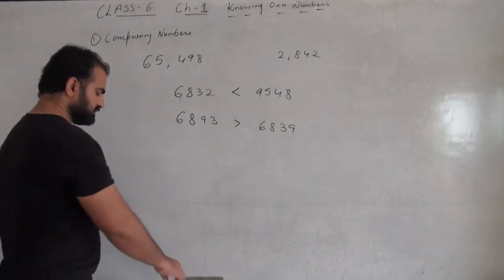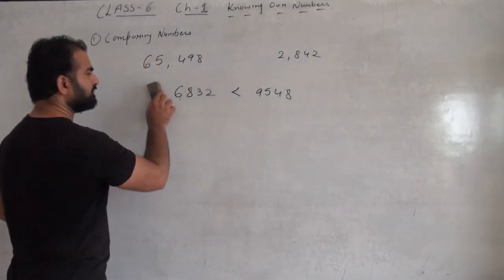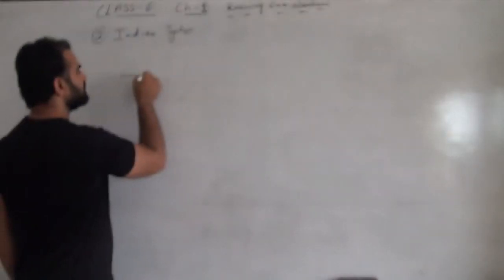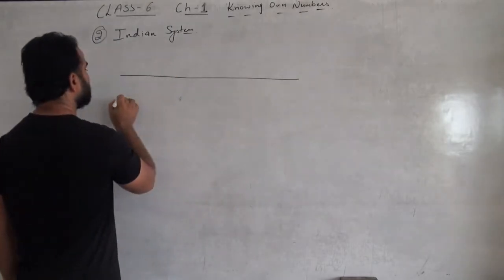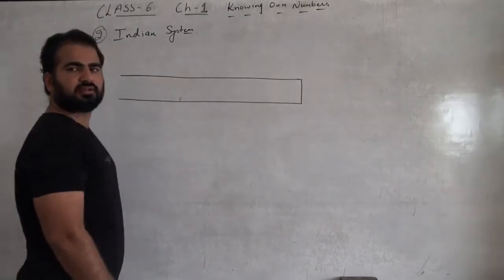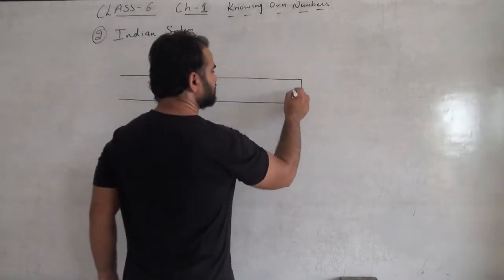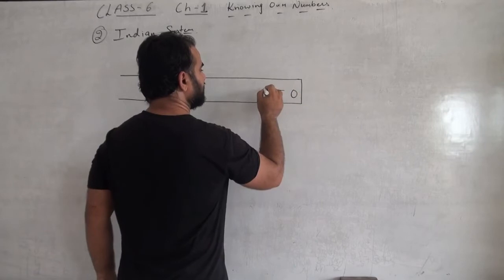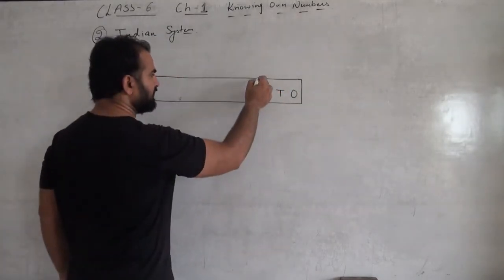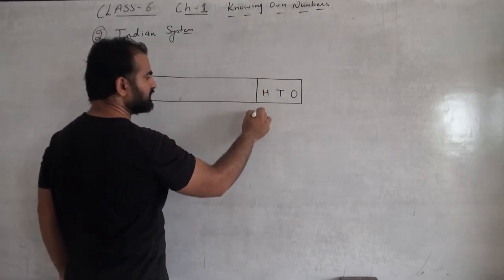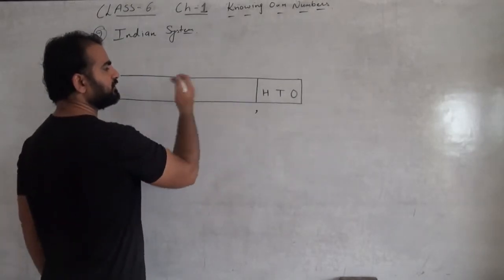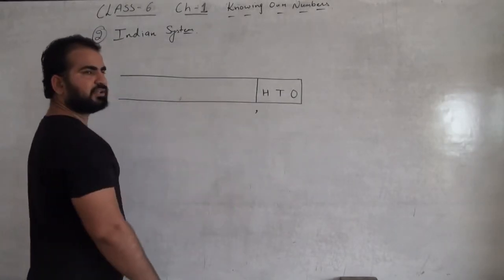Next is the Indian and international system of numeration. In the Indian system of numeration we first have to understand how commas will be placed. This is the ones place, this is tens and this is hundreds. After the hundreds place we have to use a comma, and after that, after every two digits we have to use a comma.